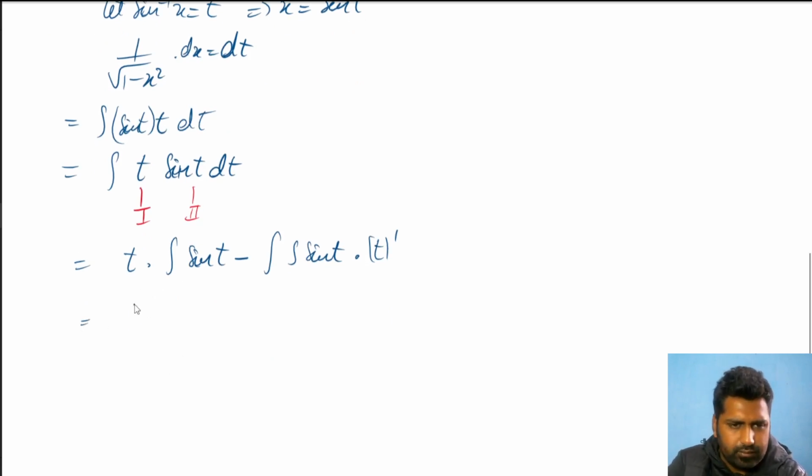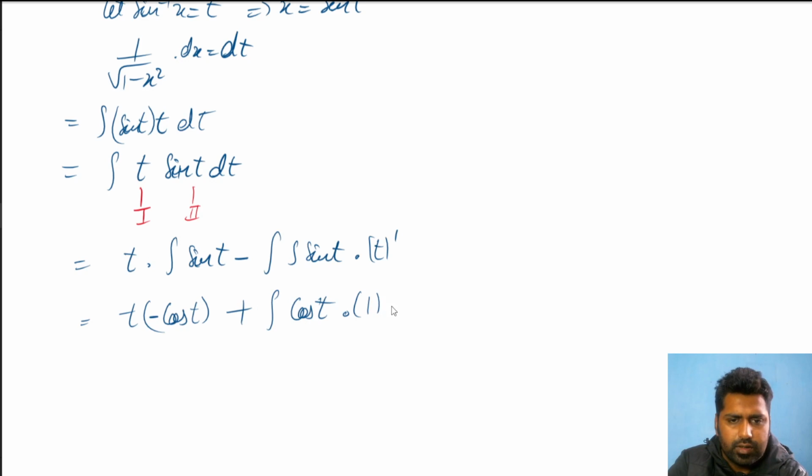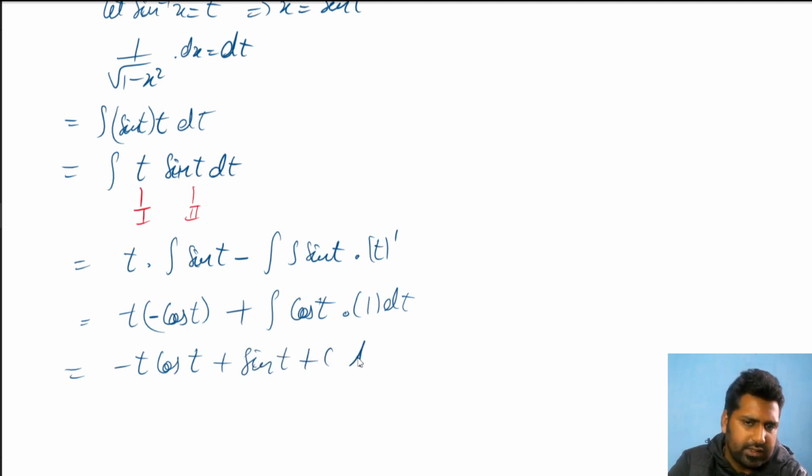So t times integration of sine t, which is minus cos t, minus, again my integration will result in minus cos t, so it will become plus, I can take the negative outside, cos t, and differentiation of t is 1 dt. So minus t cos t plus integration of cos t is sine t plus c.